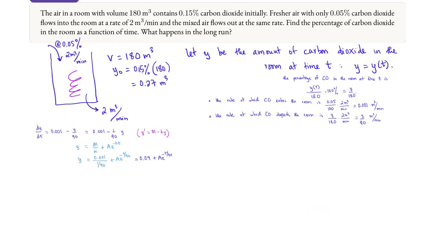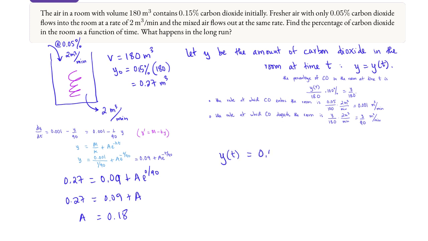But initially, when time is 0, there are 0.27 cubic meters of carbon dioxide in the room, so we plug in t equals 0 and y equals 0.27 so that we can solve for the constant a. Solving for a, we get 0.18. So the amount of carbon dioxide in the room at any time t is 0.09 plus 0.18 e to the negative t over 90.